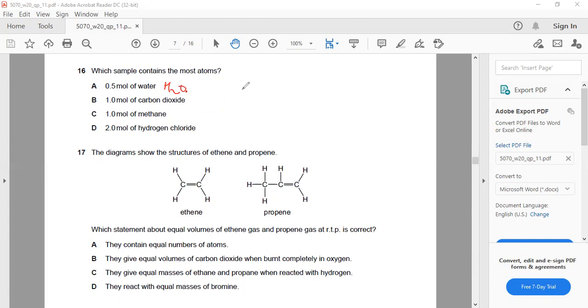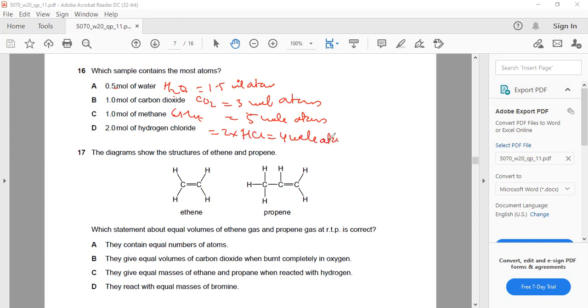There is no need to multiply by Avogadro number. 1 mole water contains 3 mole atoms, 0.5 mole means 1.5 mole atoms. 1 mole of carbon dioxide means 3 mole atoms. 1 mole of methane means 4 and 1, 5 mole atoms. 2 mole of hydrogen chloride means 2 into 2, HCl, means 4 mole atoms.